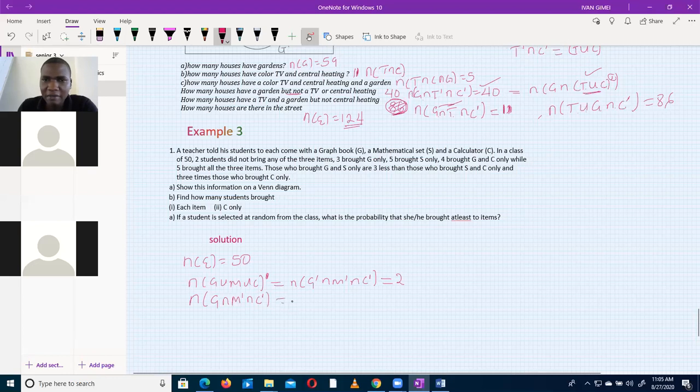And this is the same as what they're saying, 3. There are 3. Then next, they are saying 5 brought S only. That is also the same as S intersection G complement intersection M complement. There are 5.